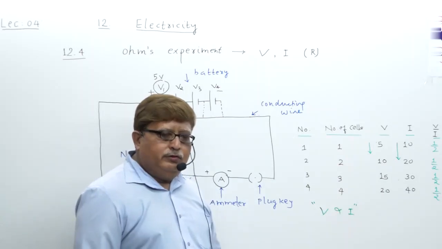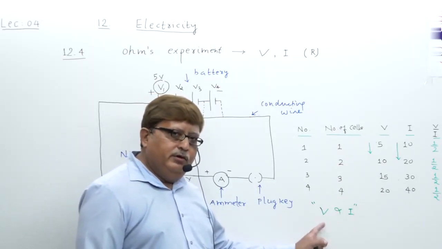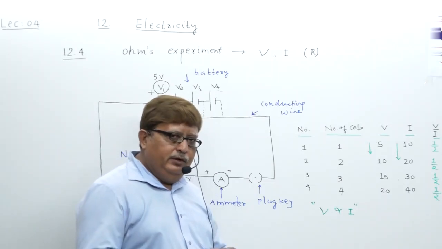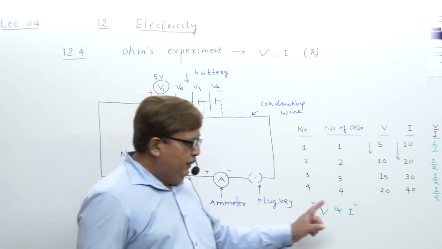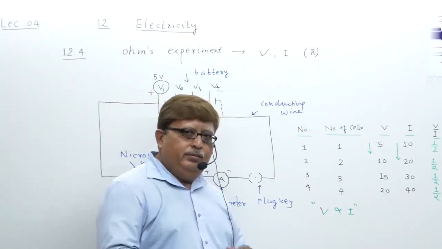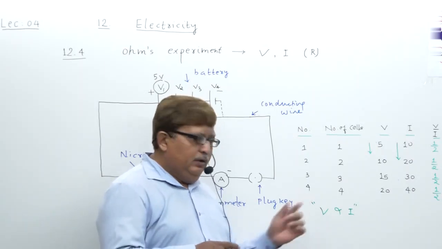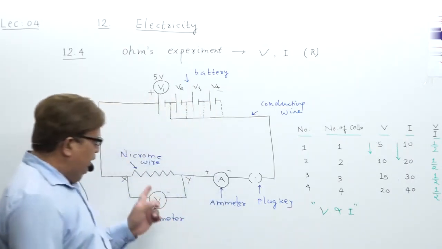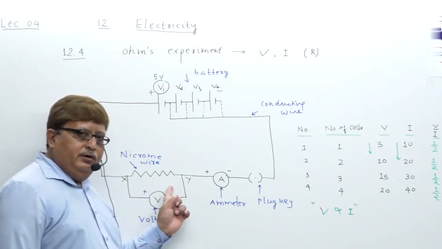From all such observations, understand what is actually said. V is directly proportional to I. V means potential difference. I means amount of current passing through the conductor.